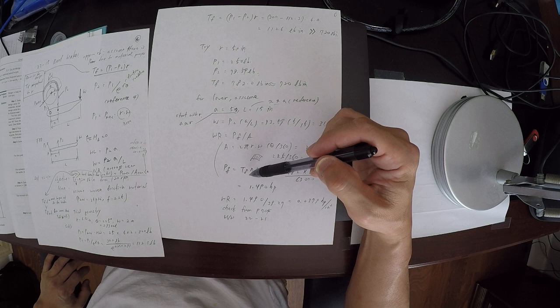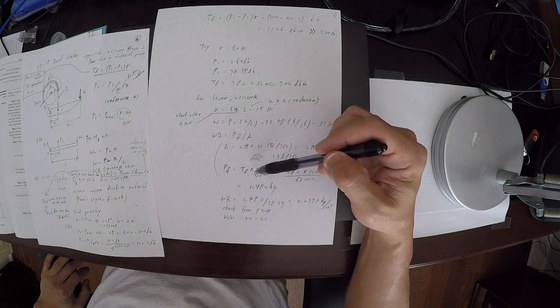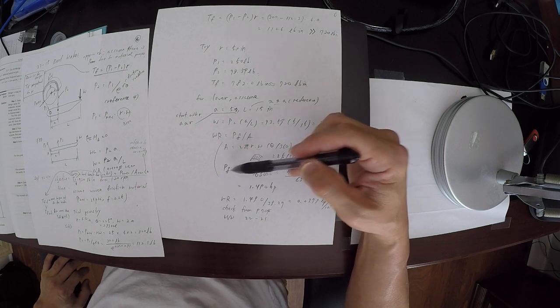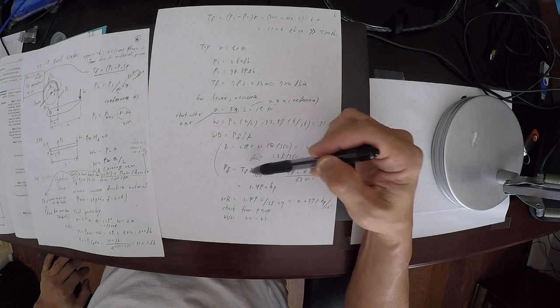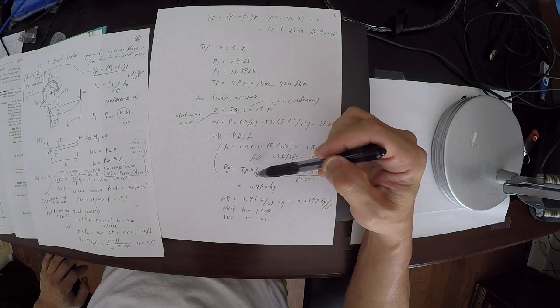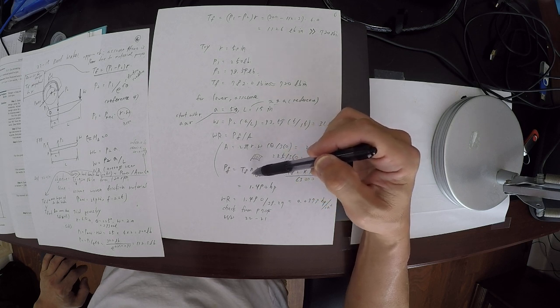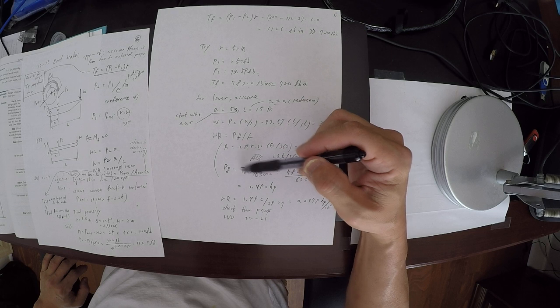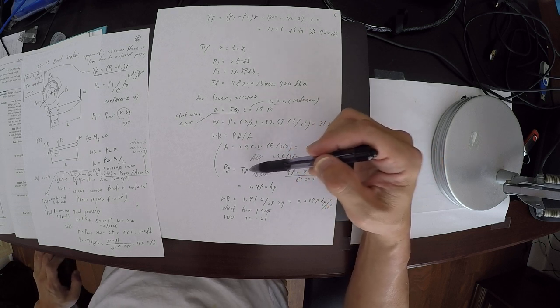The power is coming from the torque. If you remember the RPM equation, you can find the power from this equation: TF is going to be PF times 63,000 divided by N. That's the TF that we discussed a long time ago for the shaft design.